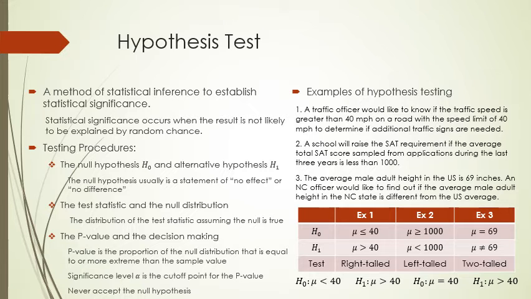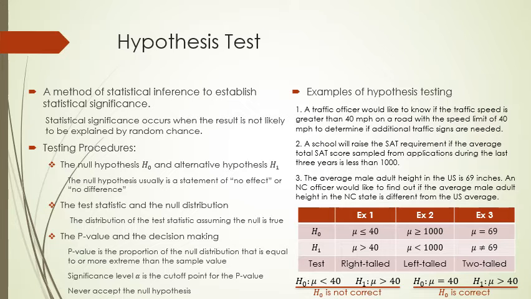We should always include the equality in the null hypothesis. We should not use mu is less than 40 as the null. We may also use mu equals 40 as the null hypothesis.